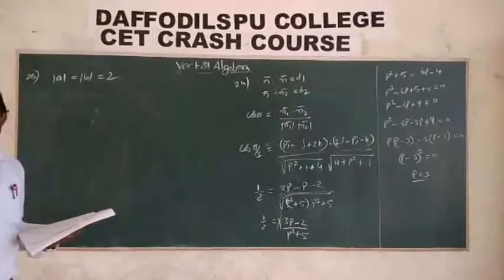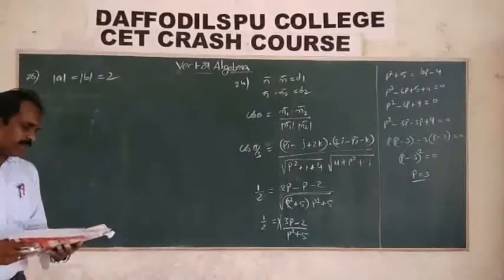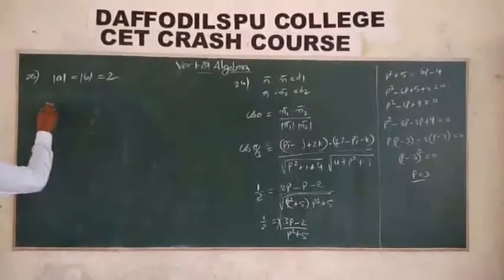The angle between A bar and B bar is equal to 60 degrees. Then the angle between A bar and A plus B bar.